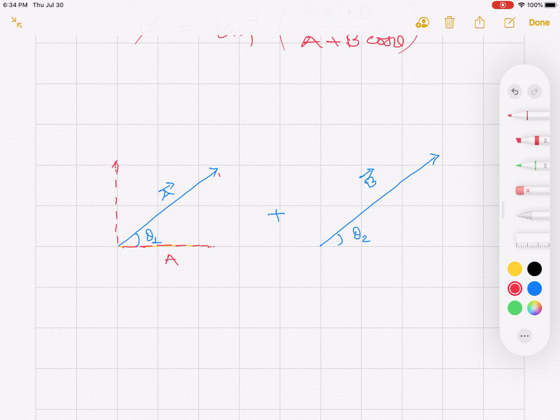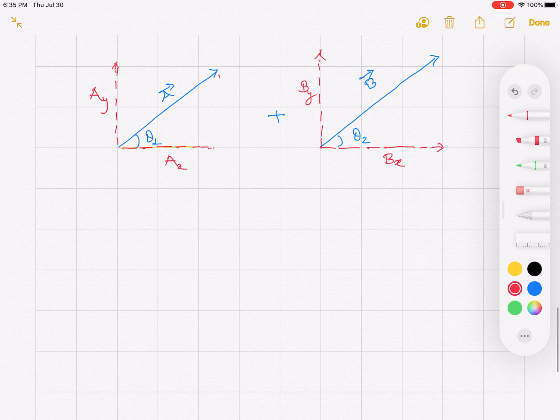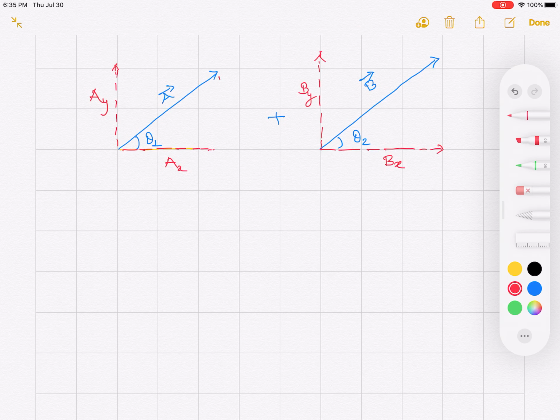This is the ax component, this is the ay component. Similarly this one is the bx component, and the other one is the by component. Now you need to calculate just the magnitude of bx and by.